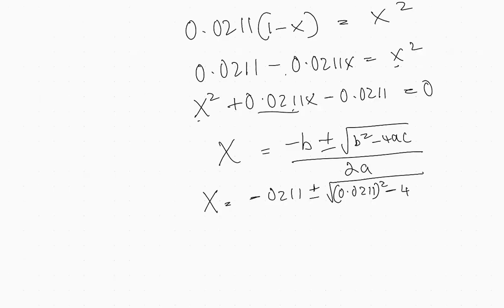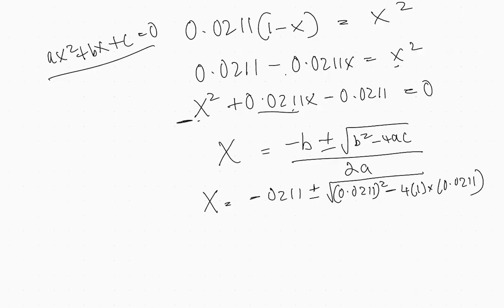The quadratic equation is given by ax squared plus bx plus c equals 0. That's the method. So here a is 1, right? So that's 4 times 1 times c is 1, right? And then you divide it by 2a. That means 2 times 1.